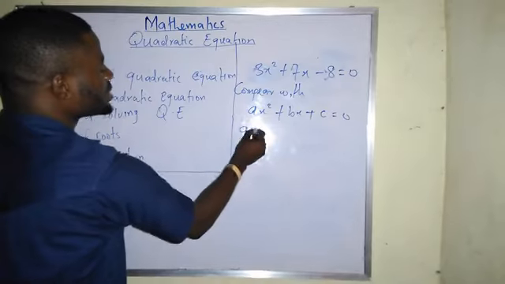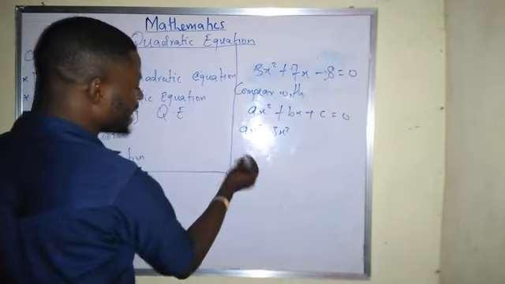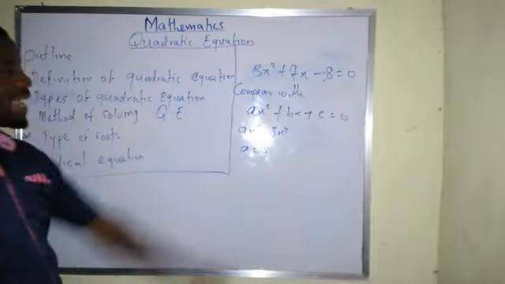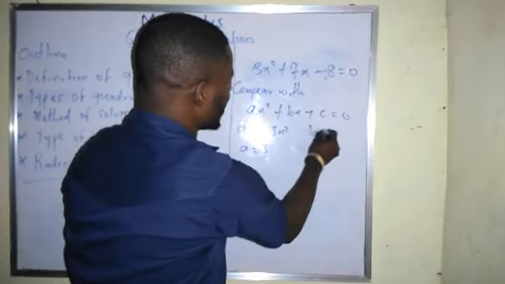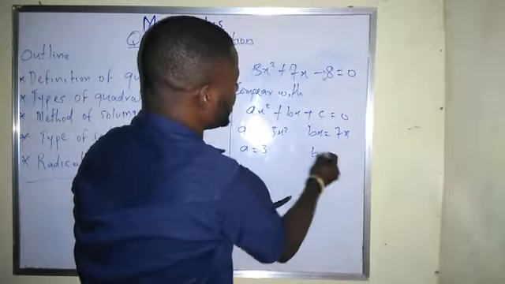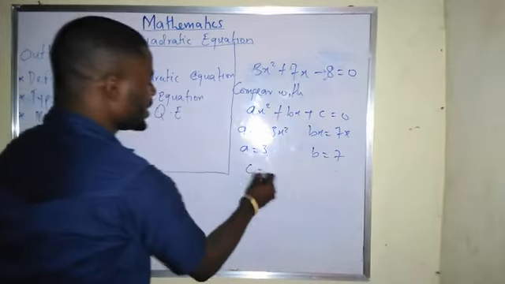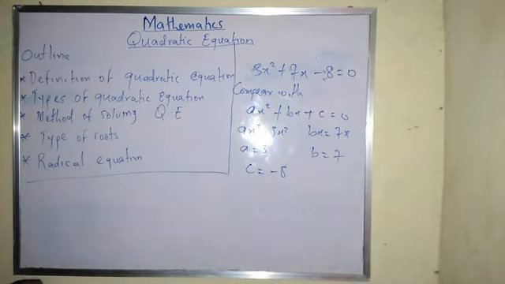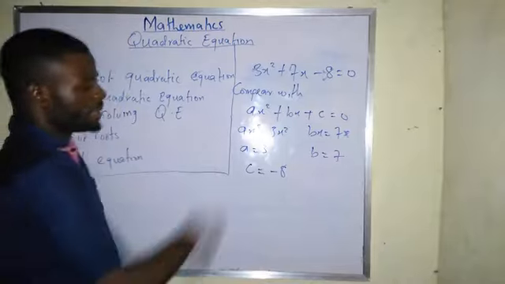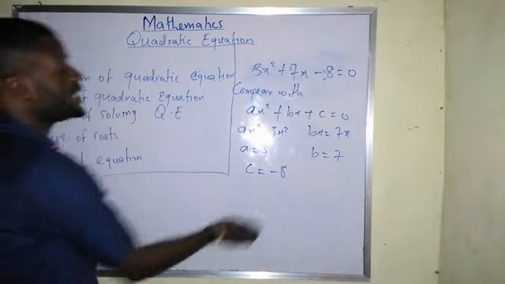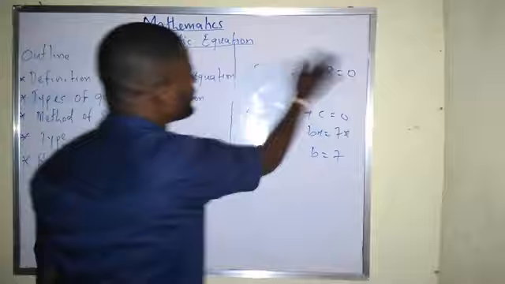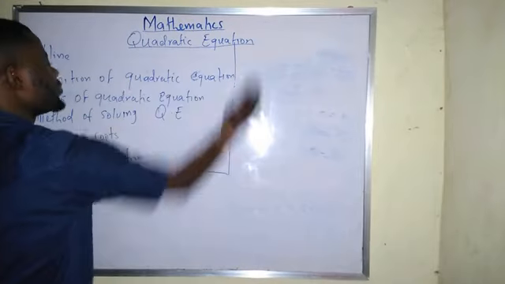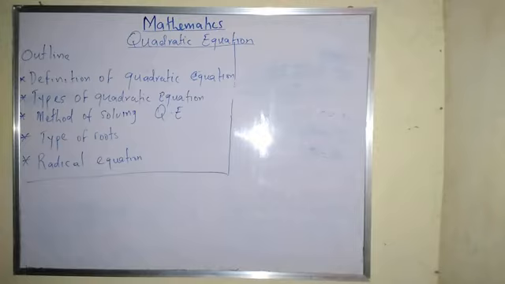It means ax squared equals 3x squared, so my a equals 3. bx equals 7x, so b equals 7. And my c is equal to minus 8. That is what is called comparing coefficients of a quadratic equation. It means my a is 3, my b is 7, and my c is minus 8. Very, very important.